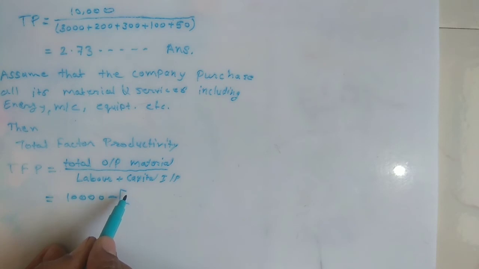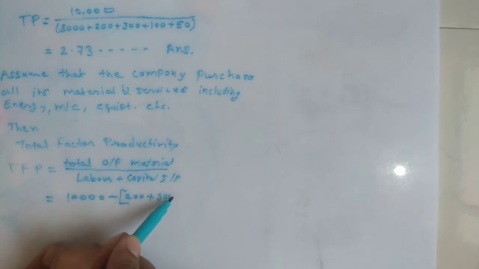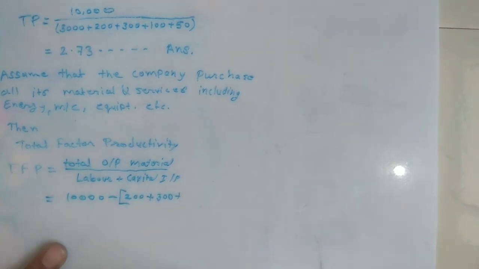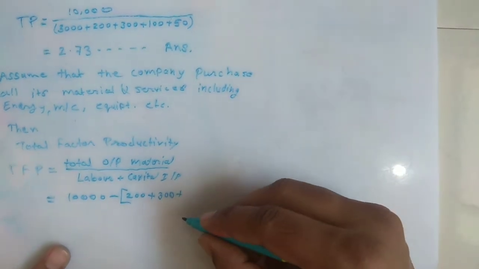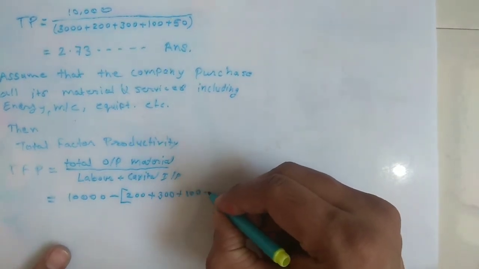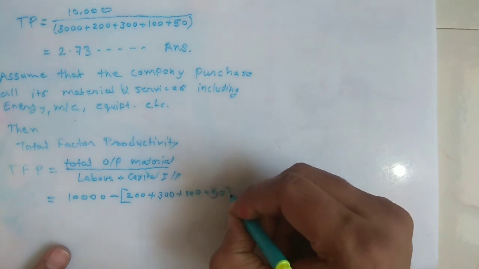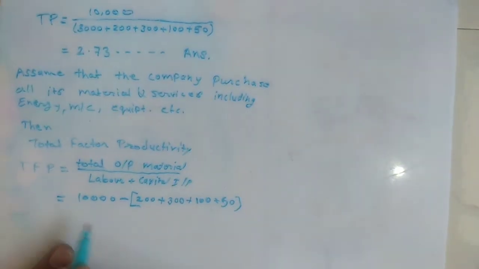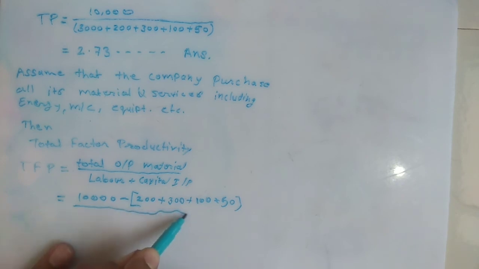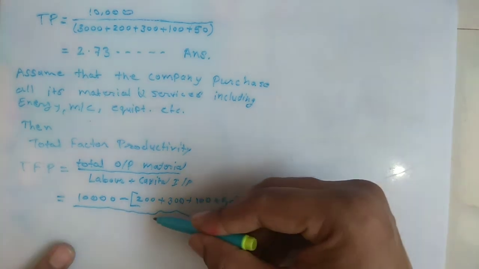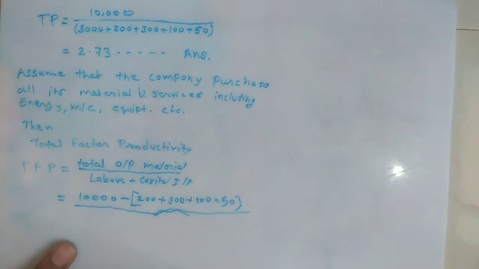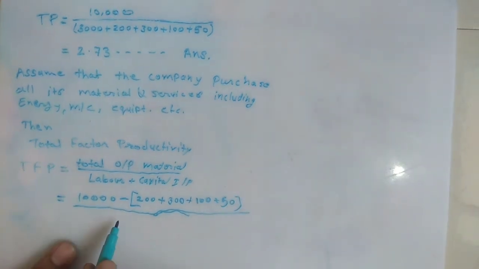200 material cost is there, plus 300 is your capital input, plus 100 is the energy input, plus 50 we consider miscellaneous, and divide by labor input, divided by labor plus capital input.